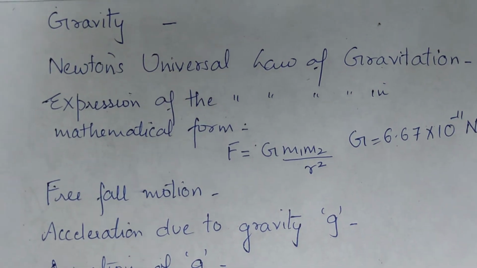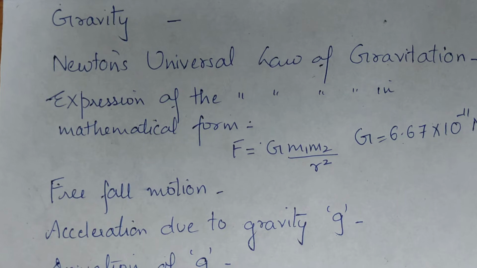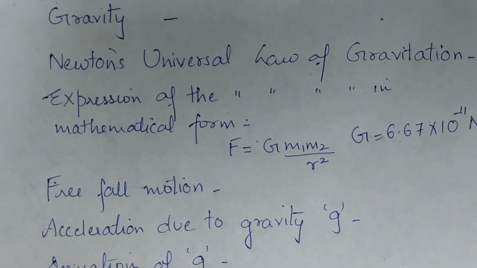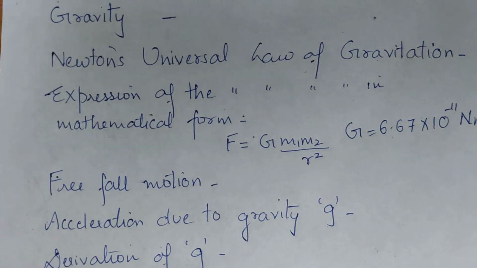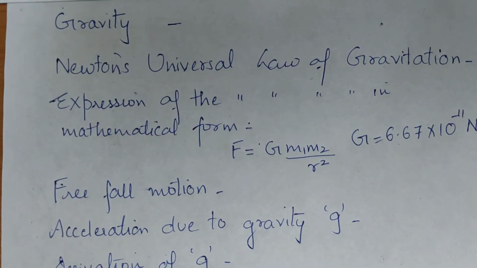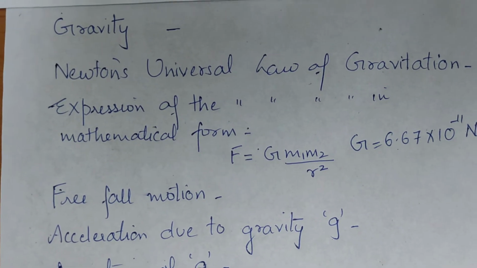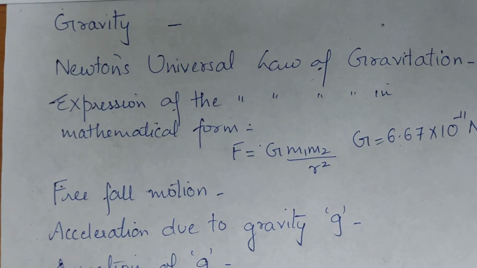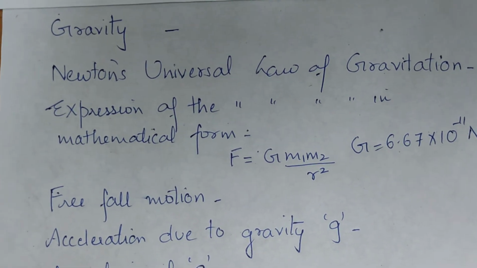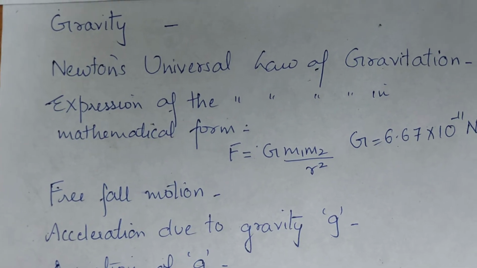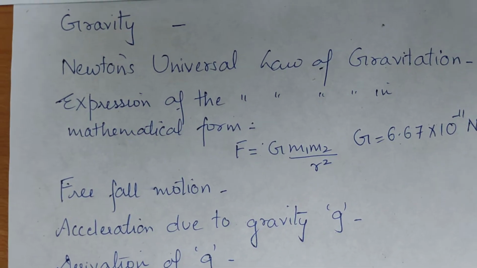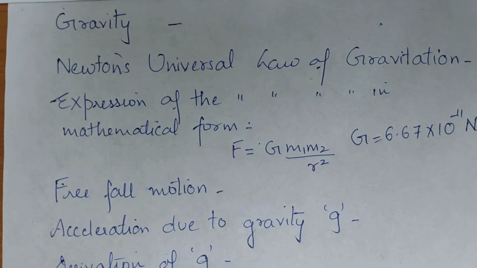It means when a body is falling freely, we know its motion is free fall motion and the body is a freely falling body. So we can say acceleration produced in a freely falling body is called acceleration due to gravity, and it is produced by gravity alone. So when only gravity is acting on the body, then the acceleration is called acceleration due to gravity.